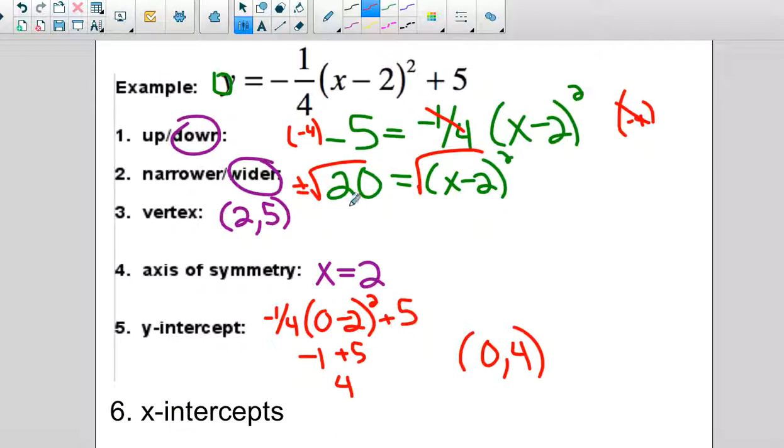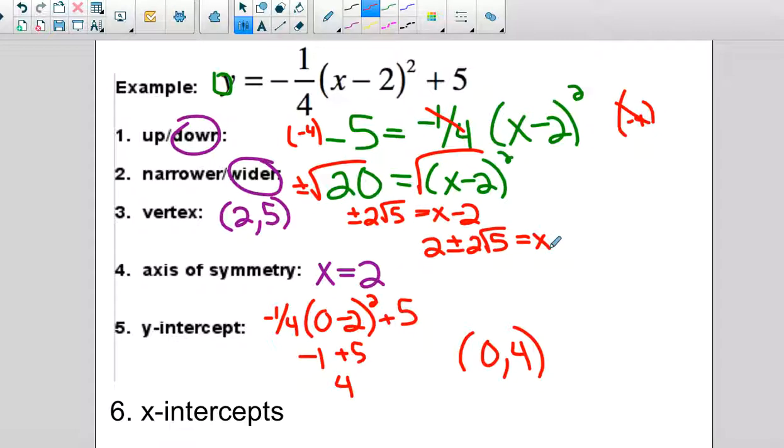So plus or minus root 20, if I take out a square root of 4, that would give me plus or minus 2 root 5 equals x minus 2. And then I'm pretty close to getting x by itself. I just need to add 2 to both sides. So I get 2 plus or minus 2 root 5 equals x.